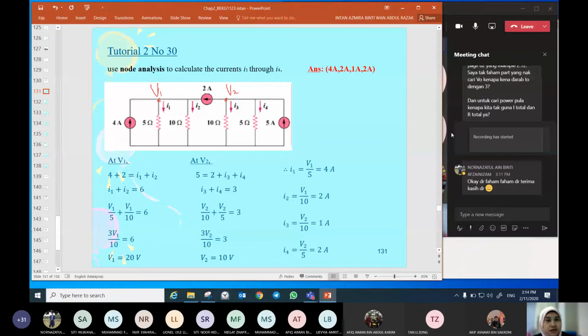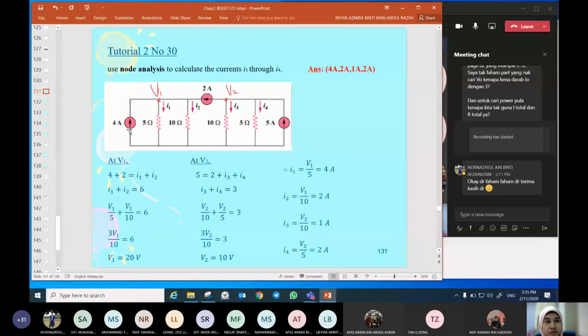No? Okay, so the first step is to assign V1, V2, V3 and so on at each node. The second step is to assign the arrow of current at each branch. At this branch, 4 mA, we just follow the arrow of the 4 mA, which enters this node.